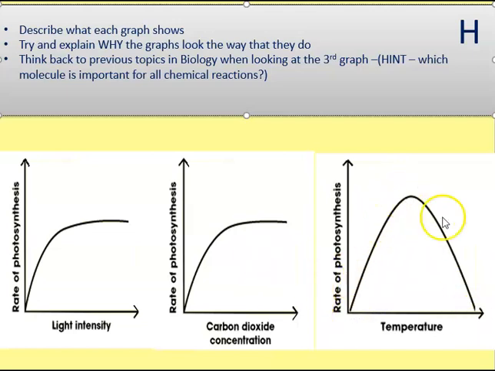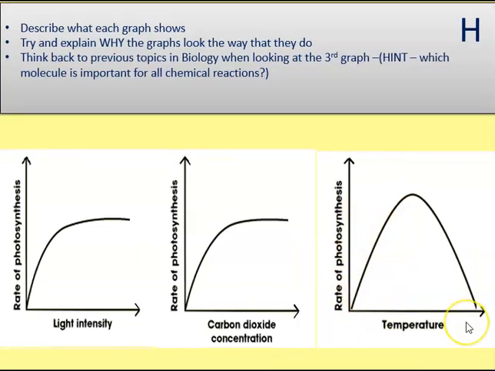Now, this graph is slightly different, and that is because we have to link it to enzymes. After a certain temperature, enzymes will start to denature. Before a certain temperature, enzymes will be working really slowly. So this graph looks a little bit different, because at low temperatures, enzymes work slow.